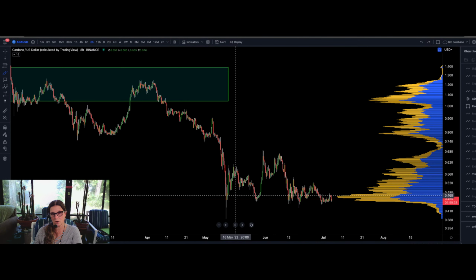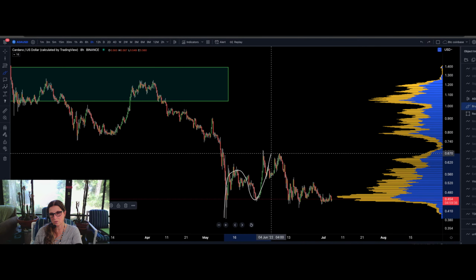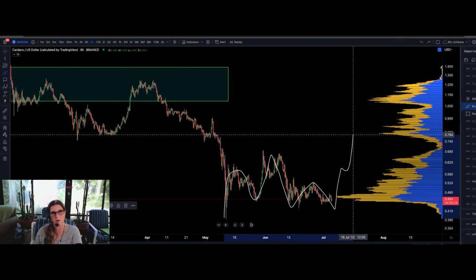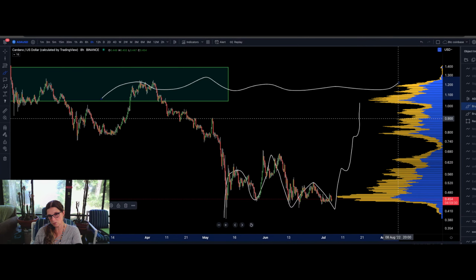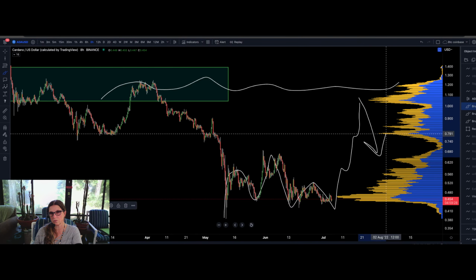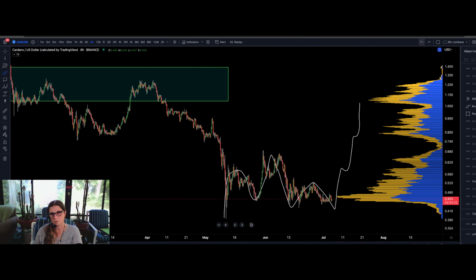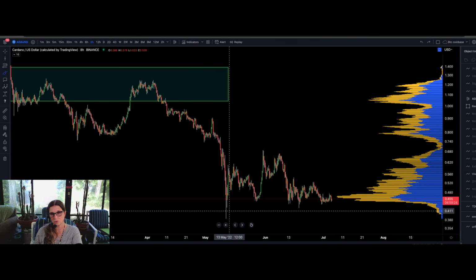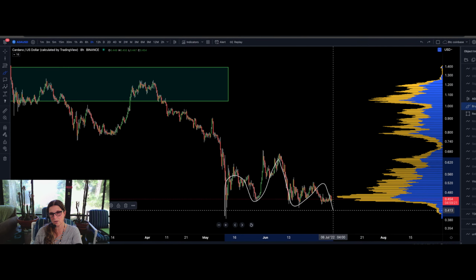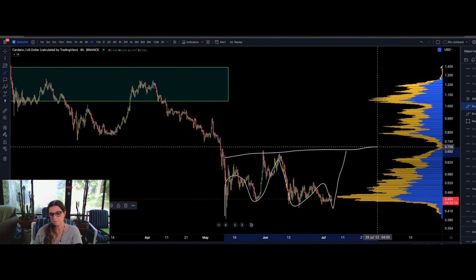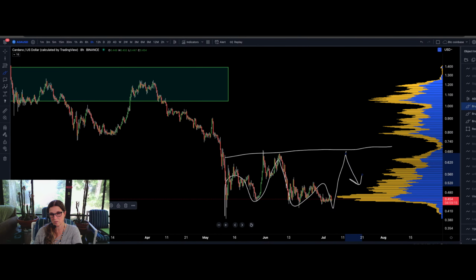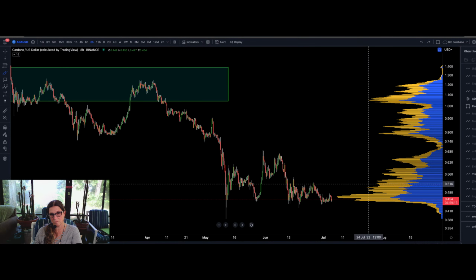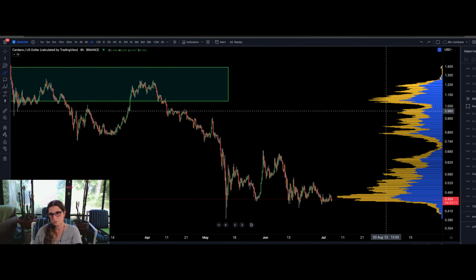So whether it wants to do 3, 3, and then 5, and back up into this territory, it's still going to roll over. Or it's doing 3, 3, 3, and it can't even get through here. Then it's rolling over. But this can't go anywhere bullish unless it makes a diagonal.